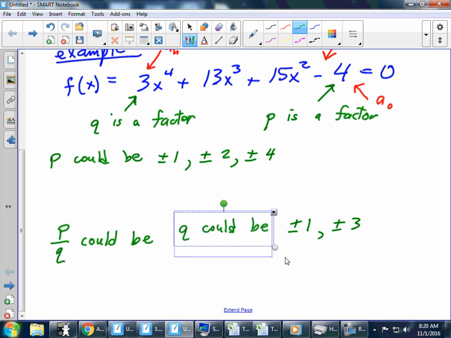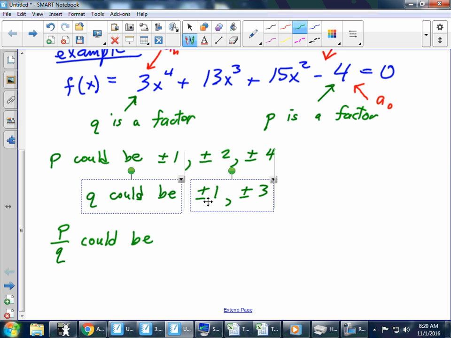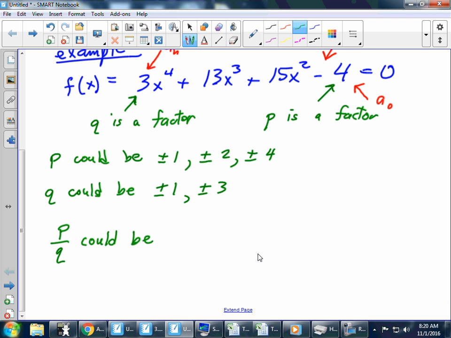P divided by Q could be, and there's a whole string of them, plus or minus 1 over 1, plus or minus, not 1 over 2, I don't think. No, I think you guys are getting it backwards. P over Q. 2 over 3, there you go.